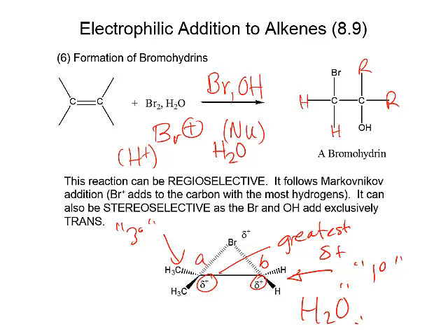We talked about this last week. Let's be honest, I talked about it. This is a one-way discussion at the moment. The idea that in a triangular intermediate, that's how we explain regioselectivity: based on the size of the delta positive charge. The only thing different about what we did last week and what we're doing today is I don't have a Br plus that's added.